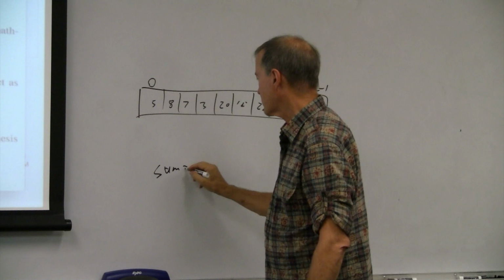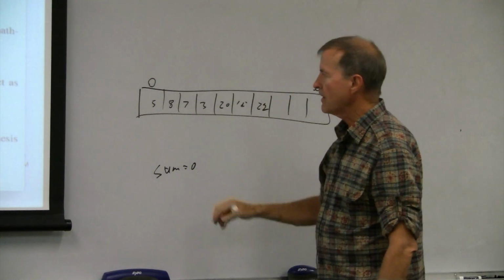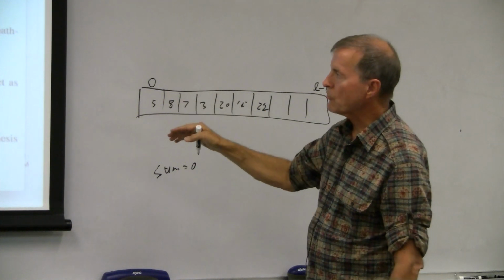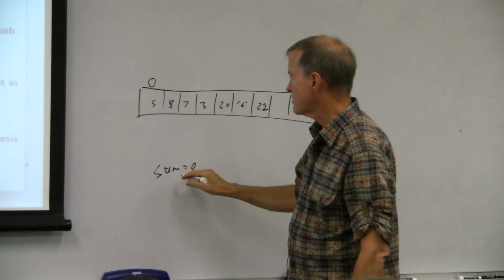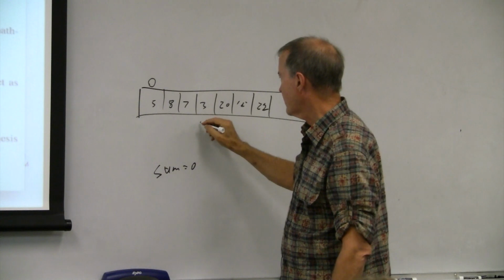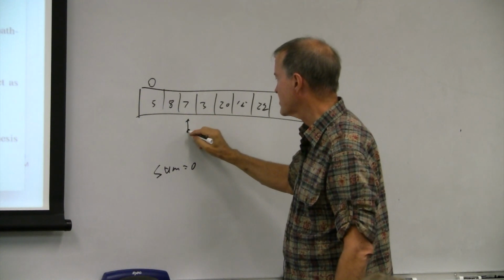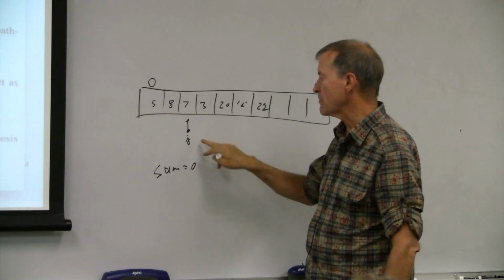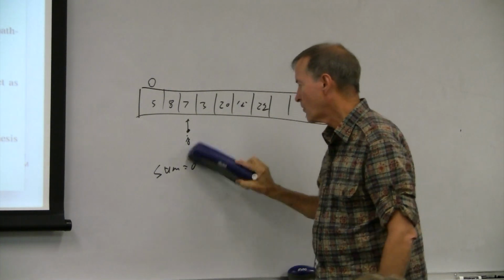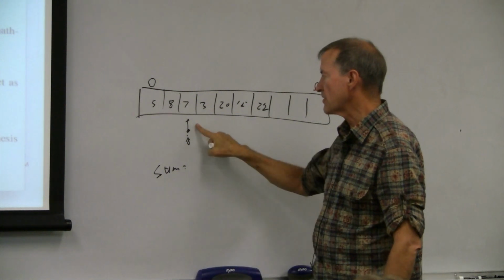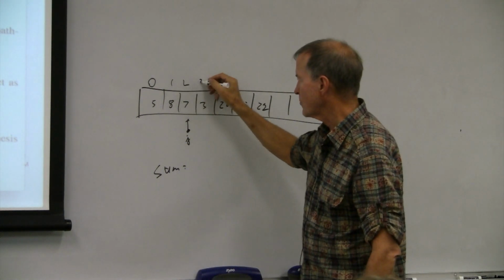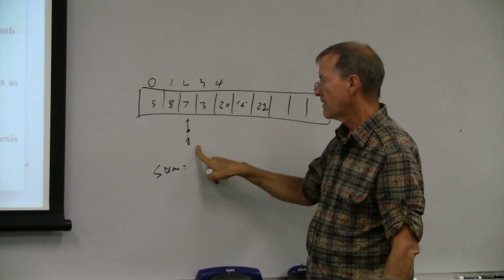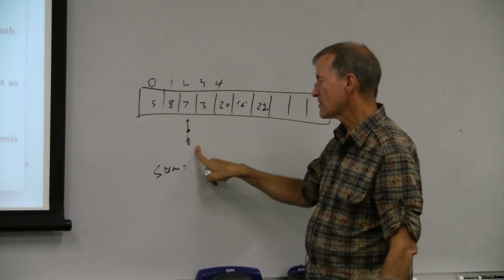All right, so sum gets 0, right? And then each time you go through the loop, what happens? If J is here, what is the value of sum? There's a 0, 1, 2, 3, 4. What is the value of sum if J is here? 20. Is it 13 or is it 20?